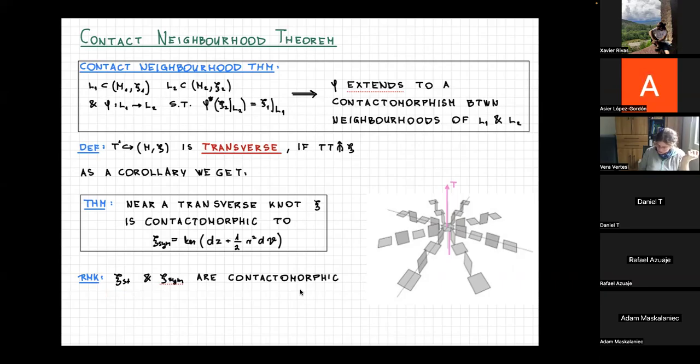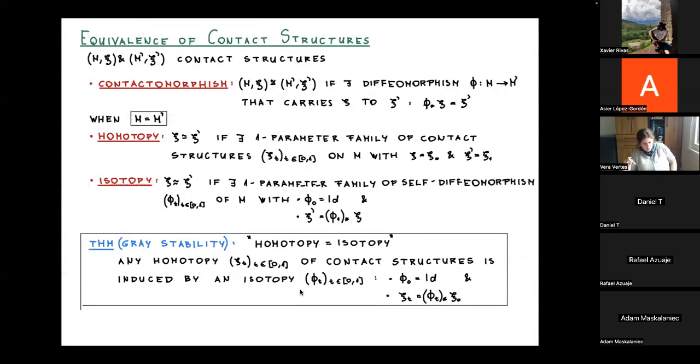I'm talking about contactomorphism all the time, so why don't I just define what it is? A contactomorphism is just a diffeomorphism which carries one contact structure to the other. Then, if the two manifolds we are talking about are the same, M equals M prime, you can distinguish two types of relations between plane fields.